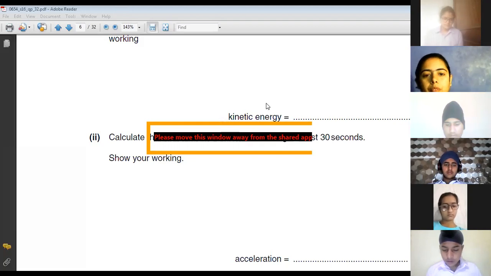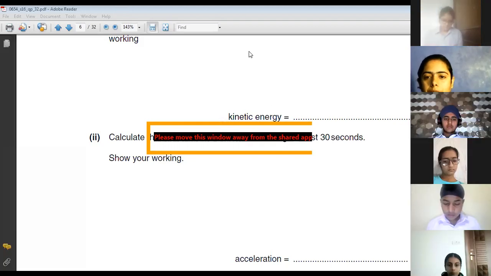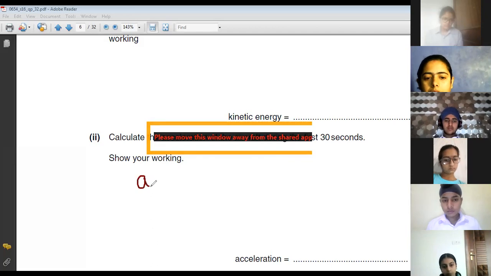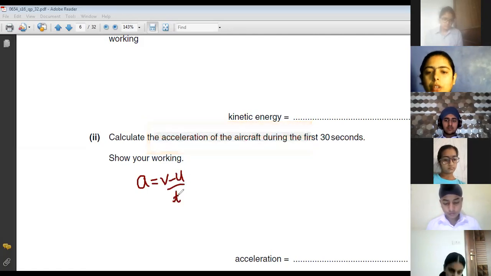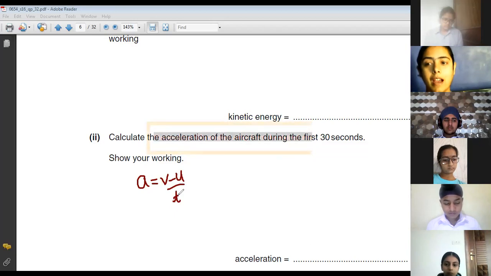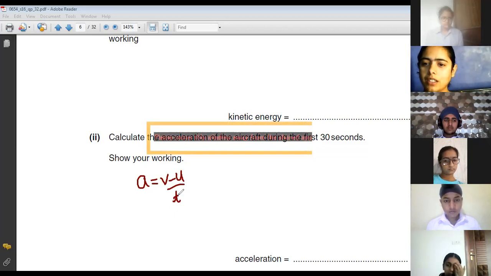Okay. So let's do it. What is the formula you have for acceleration? Acceleration is equal to change in velocity over time. Now please don't say, ma'am, they have not told to write the formula. So do we have to write it or not?